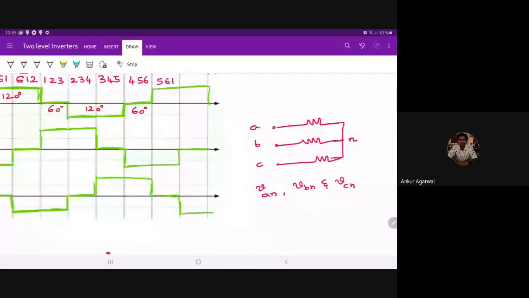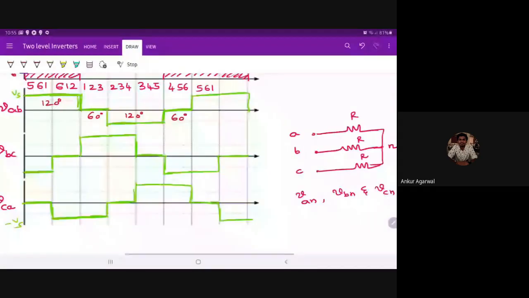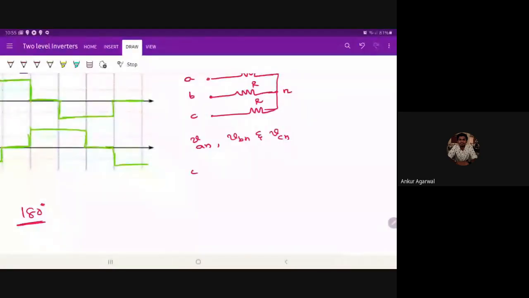Assume that this load resistance is R. I want to draw VAN, VBN, and VCN in all the six intervals of each 60 degrees. In the first interval, switches 5, 6, 1 are in conduction.